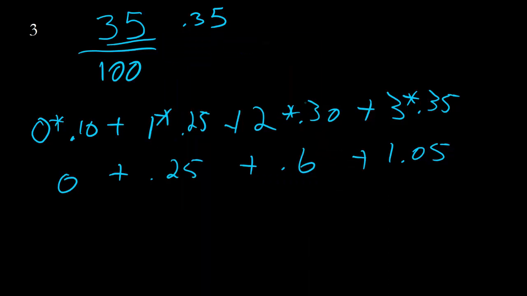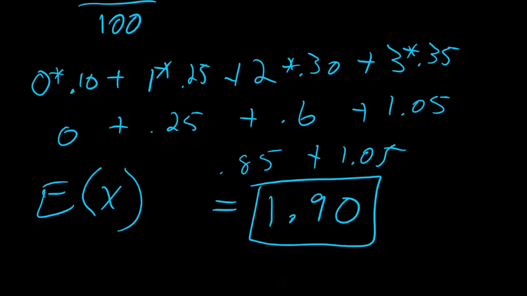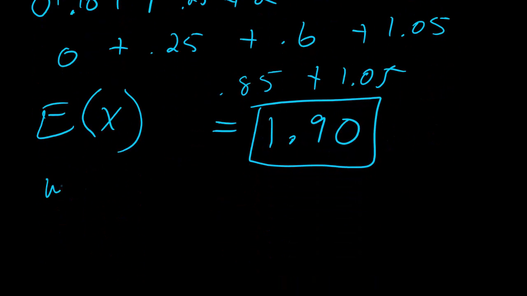Excellent. All right, and so we add these guys together, and that's going to be 0.25 plus 0.6 is 0.85 plus 1.05, and so our total here should be what? 1.90. So the expected value, the E of x, which we can also describe as the weighted average, is equal to 1.90 cars.